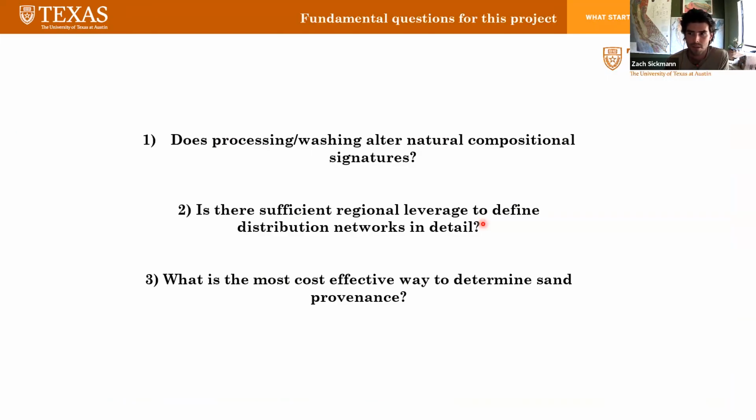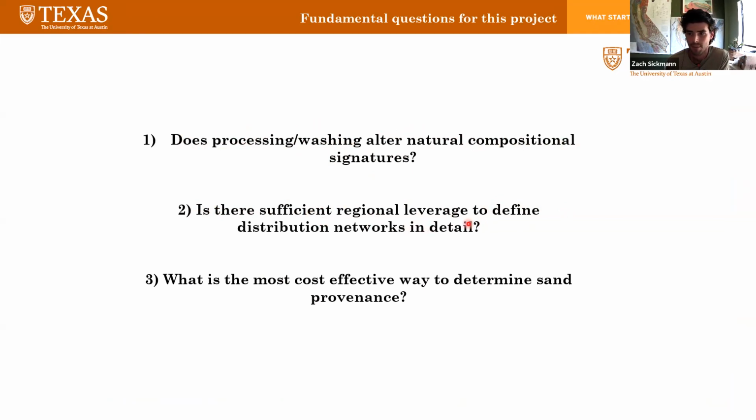The questions we wanted to answer for this project are: is there anything in the processing or washing of this sand, from the natural deposit as it goes into the commercial supply chain, that alters the natural compositional signatures? Is there sufficient regional leverage to define distribution networks in detail?